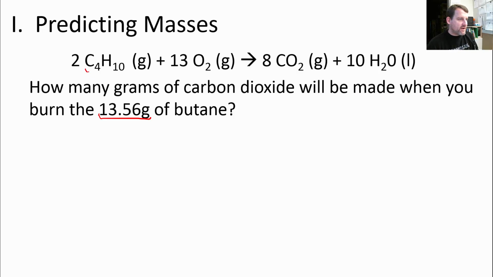So we're going to start here with 13.56 grams. And now instead of going to oxygen, we're going all the way over here to carbon dioxide. And we're saying, how many grams of carbon dioxide will we produce? All right, let's get after it. So it's going to start in the exact same way as before. 13.56 grams of butane.